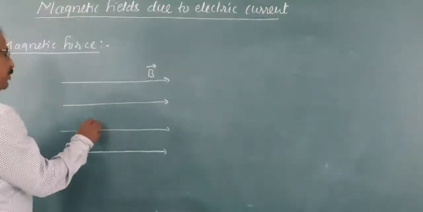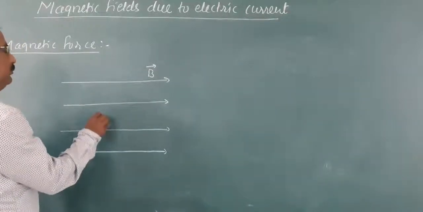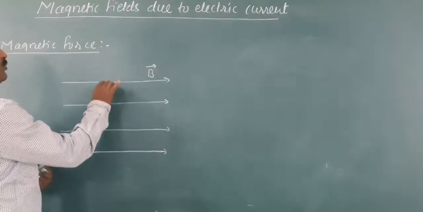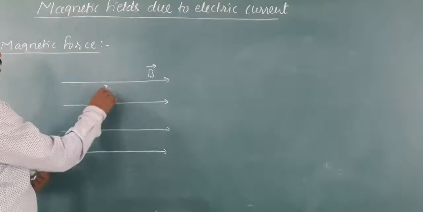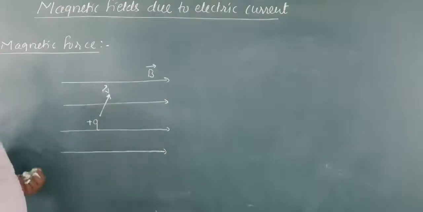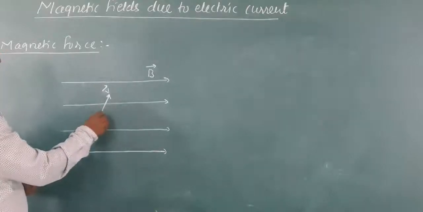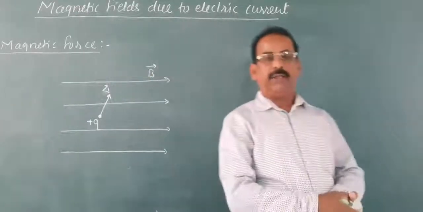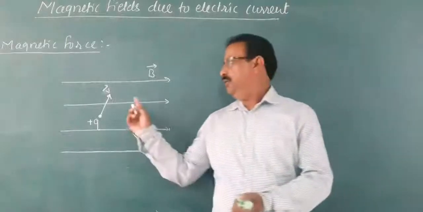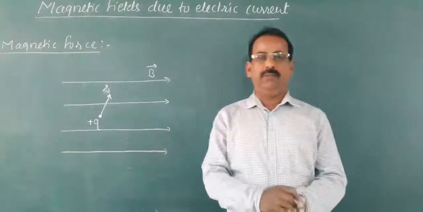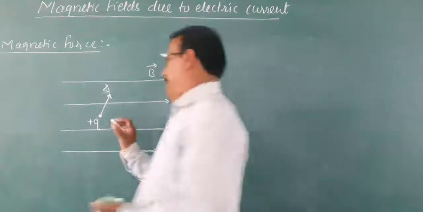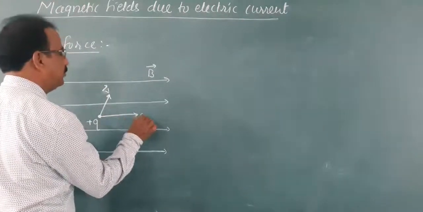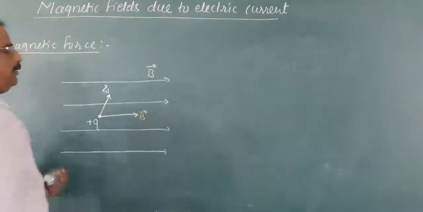This electric charge is in motion, moving in the given direction. This is the direction of its velocity. The direction of the magnetic field is this.